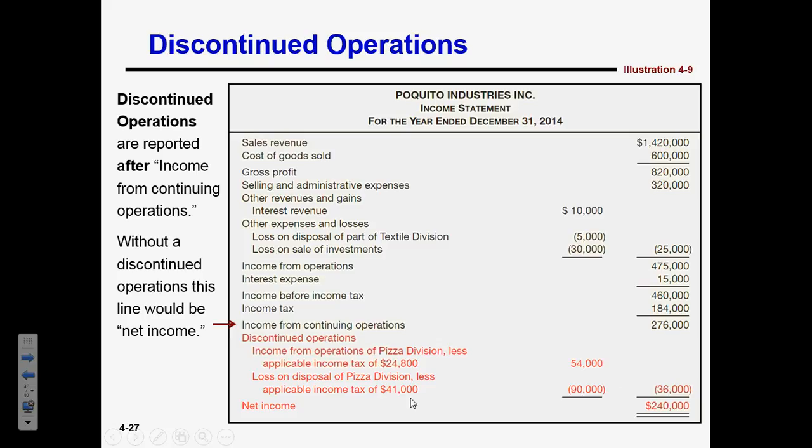So 131 less 41 is 90. How much was your income from operating it? 78,800 it looks like. It'd be 78,800 less 24,800 of income tax is the 54. Got the idea? And again, earnings per share would be this line, this line, this line, this line, this line. Just do them all. It's the safest way.